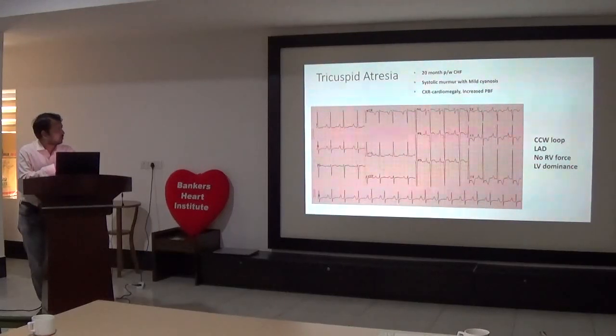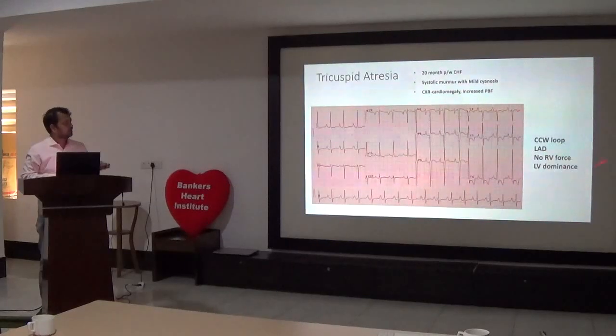There are no recorded R waves in V1, and second is left axis deviation. Both aortic stenosis and tricuspid atresia present with left ventricular hypertrophy and LV strain pattern. But in aortic stenosis, some R waves are recorded in V1 to V2 leads, the RV leads.